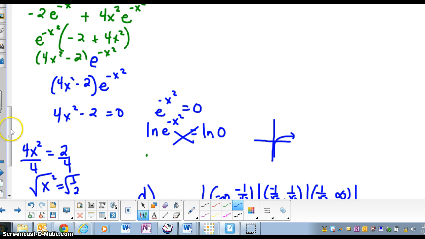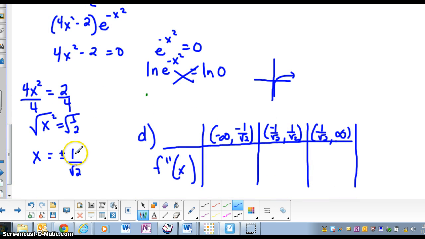And second, if it helps you, you can use your calculator to find a decimal. If you plug that in, it'd be plus or minus 0.707. So that, when you go to test, helps you pick good values to test.